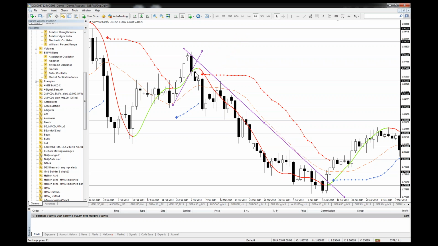Now, why is that a level 1? Is that because it's the first reversal candle, the first turnaround? No, because there's only one candle on this side of it that is higher.